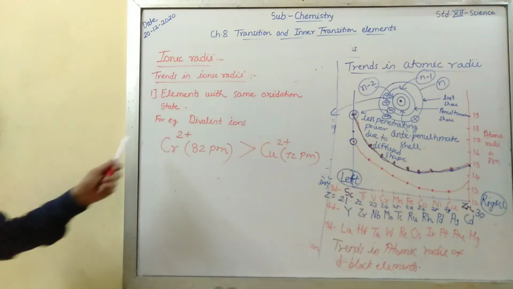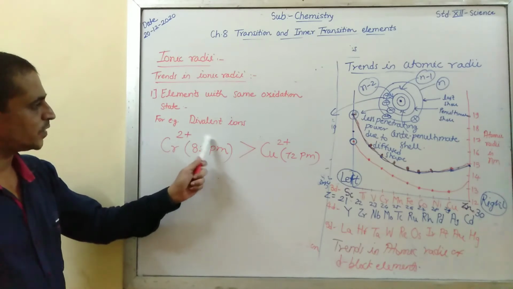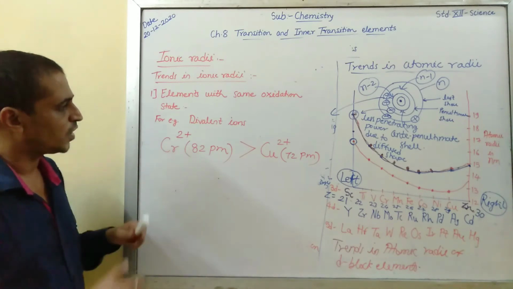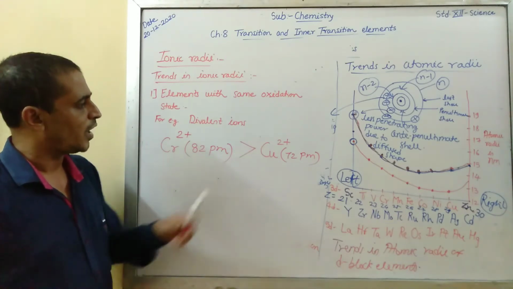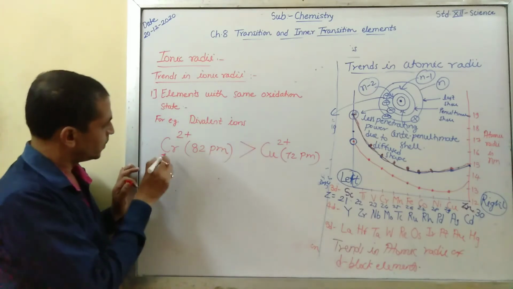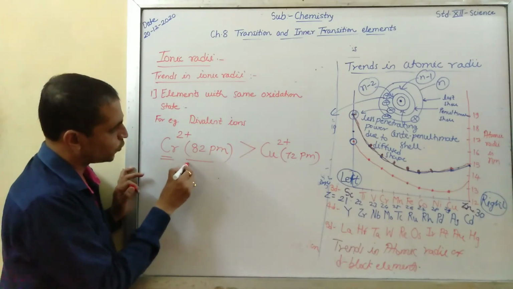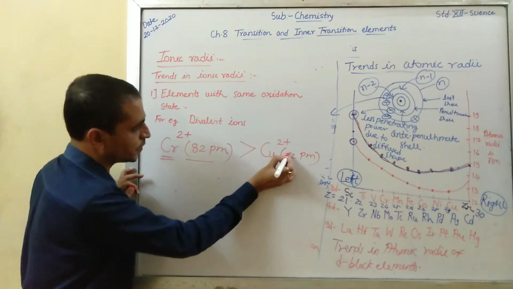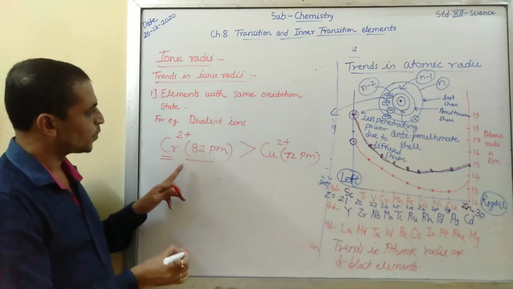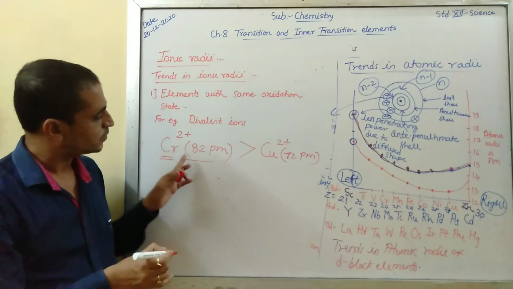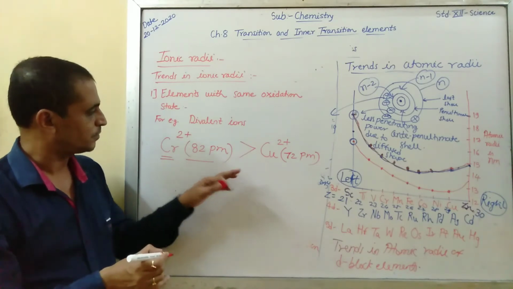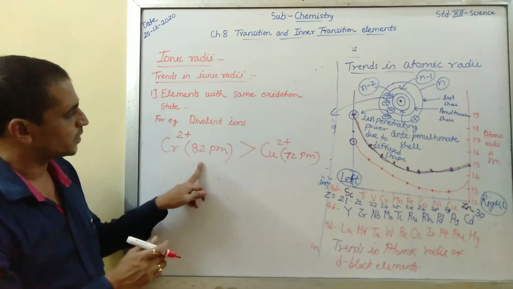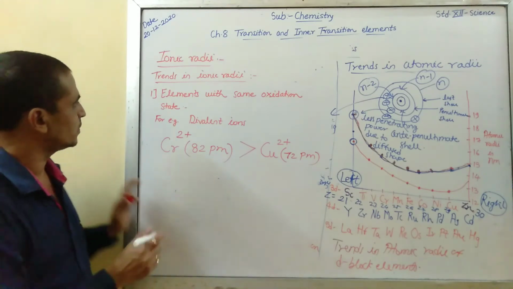Now see, in divalent ions, as atomic number increases, effective nuclear charge is also increased, and due to that, chromium 2 plus has more ionic size as compared to the copper 2 plus ion. It is because of the screening effect of n-1 d electrons, so that chromium 2 plus has 82 picometer size and copper 2 plus 72 picometer size.